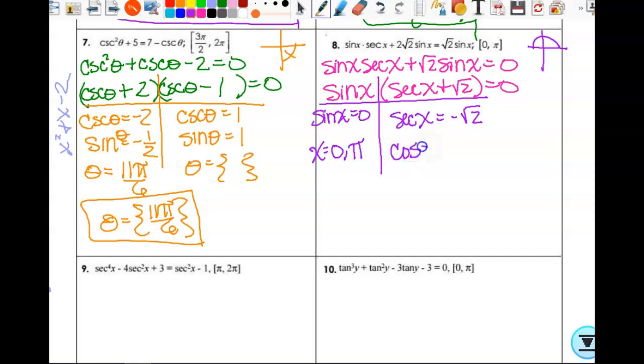So cosine of x is equal to, what's the reciprocal of the square root of 2? Square root of 2 over 2. So from 0 to pi, cosine is negative in the second quadrant. What is the reference angle that gives me a cosine value of square root of 2 over 2? Pi fourths. My second quadrant pi fourths angle is 3 pi fourths. Very good. Then I put all that together: x is equal to 0, 3 pi fourths, and pi.